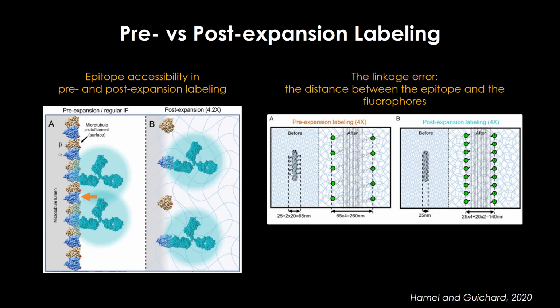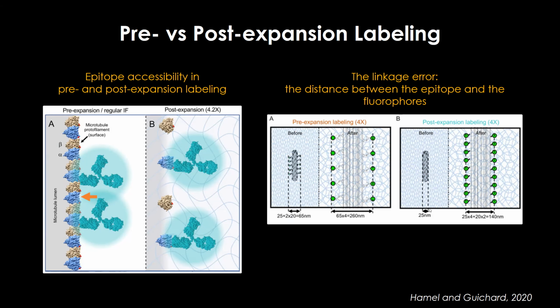The calculated size of each of this first and second antibody complex is 20 nanometers. So together it is 65 nanometers. After expansion 4 times, you get the size of 260 nanometers, and this doesn't represent the correct proportions of the microtubule.